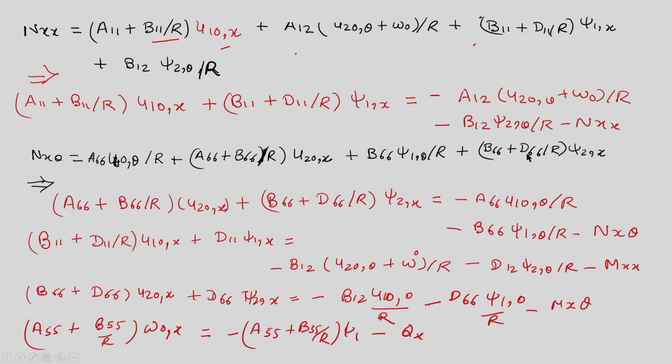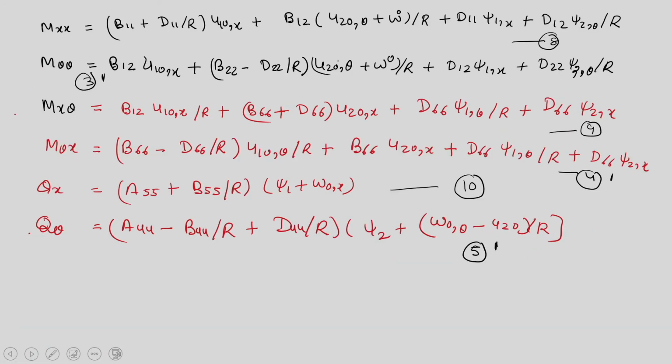So, minus n xx, and similarly minus n x theta, then m xx and q xx, and the other variables like m theta x and q theta. We will substitute these variables there. Here you can directly see that there is a theta derivative, and again there is a theta derivative, so m x theta comma theta. Again a theta derivative will come, so along the x axis there will be one derivative.